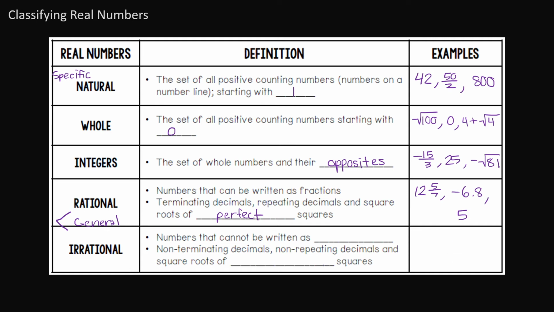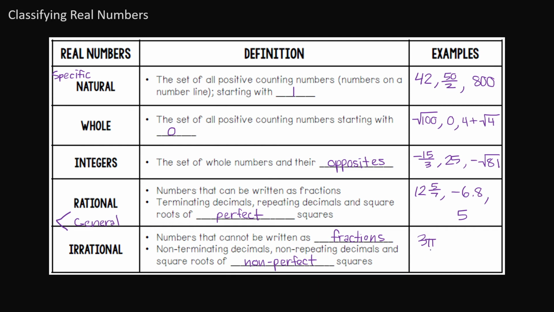And last but not least, we have irrational numbers. Irrational numbers are numbers that cannot be written as fractions, like we previously stated. And they include non-terminating decimals, non-repeating decimals, and square roots of non-perfect squares. So we know our famous example of irrational numbers would be pi. So 3 pi is irrational.